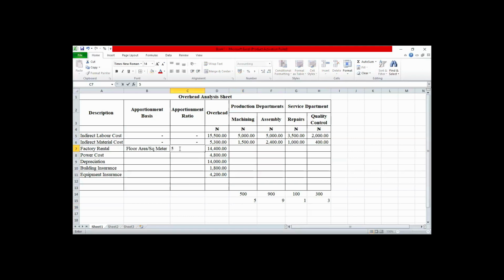Now say 5 ratio 9 ratio 1 ratio 3. Is it clear?